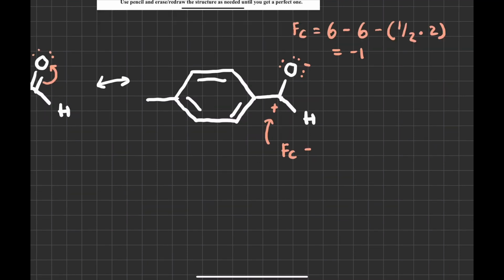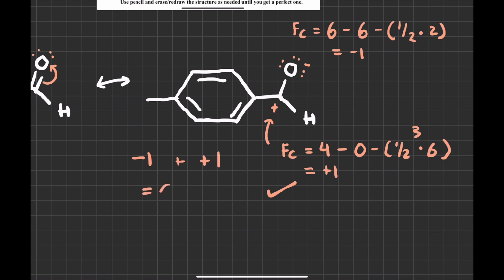So the formal charge on this carbon, well, the valence electrons for a carbon is 4 minus no lone pairs minus 3 sigma bonds, resulting in a +1 charge. This checks out because we have 1 negative charge plus 1 positive charge, which equals a 0. So the molecule is still neutral, which is okay, and we can proceed further.